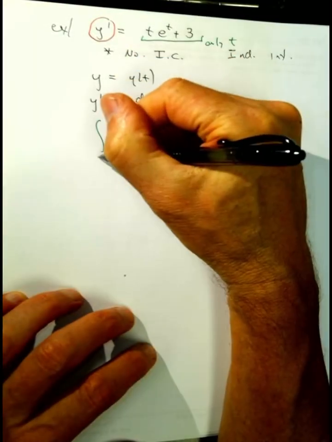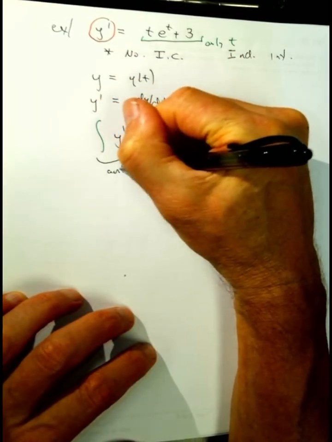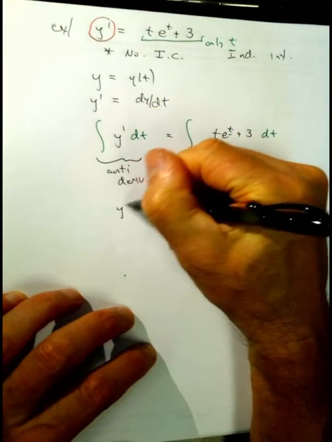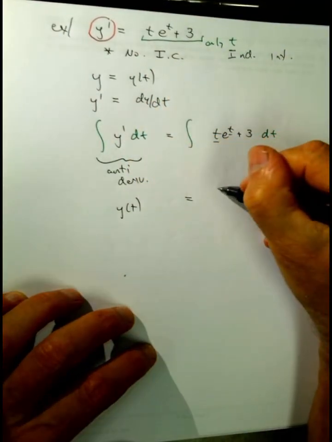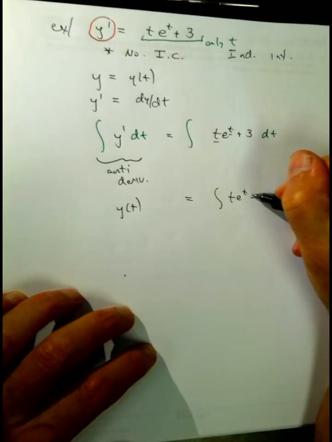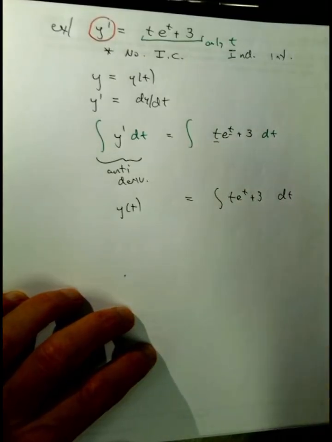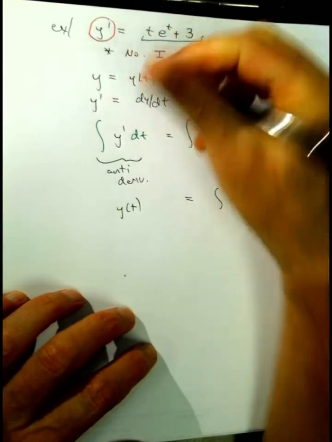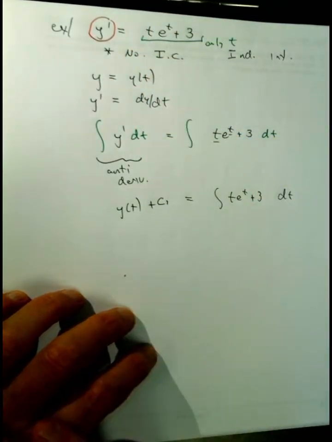In doing so, I just need to find an antiderivative of y prime, and that's just going to be y of t. And the right-hand side goes for right. Now, I got to be a little bit careful, though. Whenever I take an antiderivative, I'm going to be off by some constant, c1.